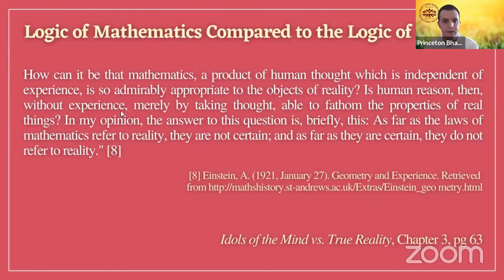Is human reason then, without experience, merely by taking thought, able to fathom the properties of real things? In my opinion, the answer to this question is briefly this. As far as the laws of mathematics refer to reality, they are not certain. And as far as they are certain, they do not refer to reality.